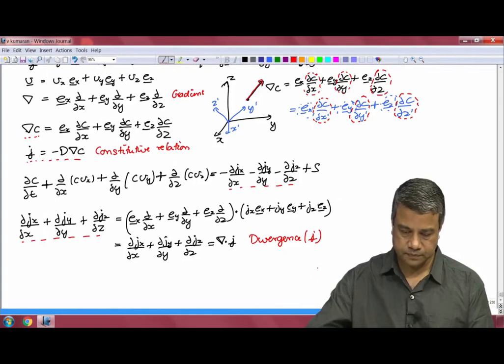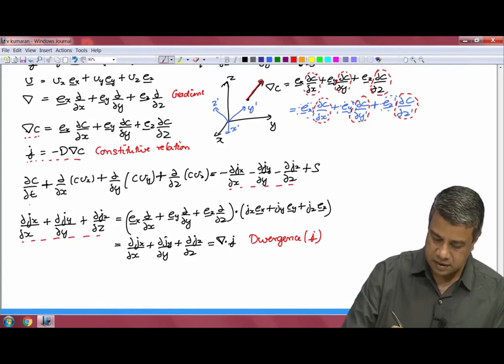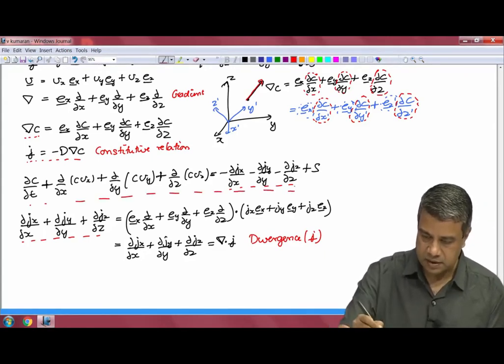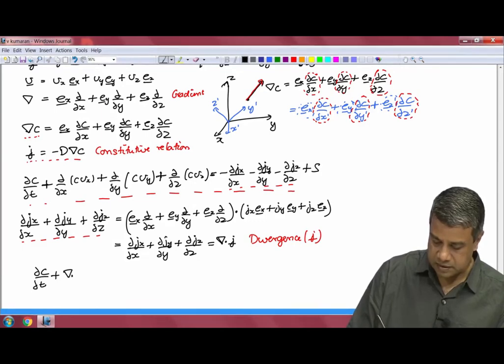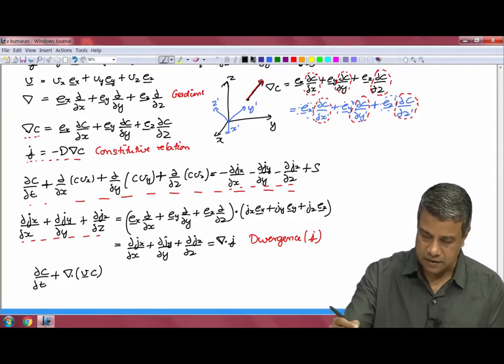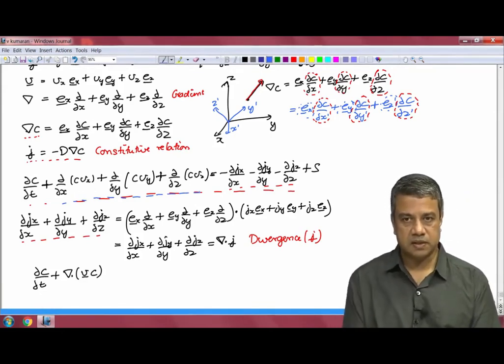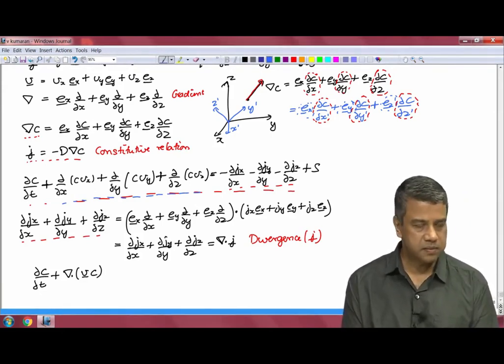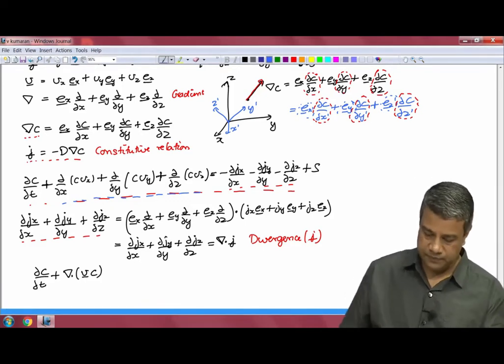So, in vector notation I can write this entire equation as partial c by partial t plus the divergence of the velocity times c on the left side. You can see that you have here partial by partial x of c v x, partial by partial y of c v y, and partial by partial z of c times v z. That is just the divergence of the vector v times c.